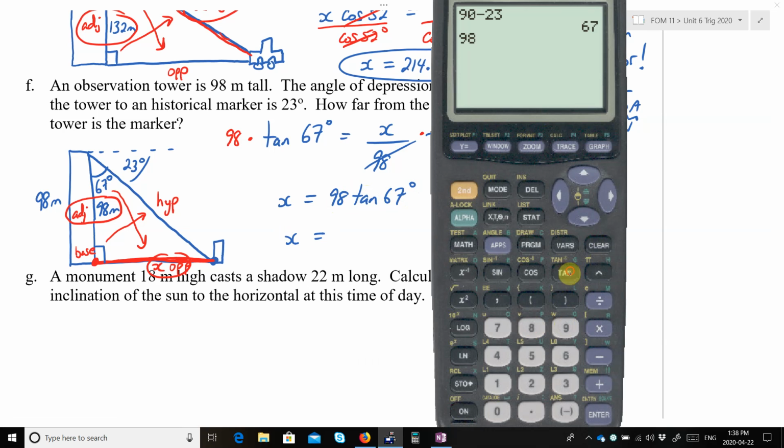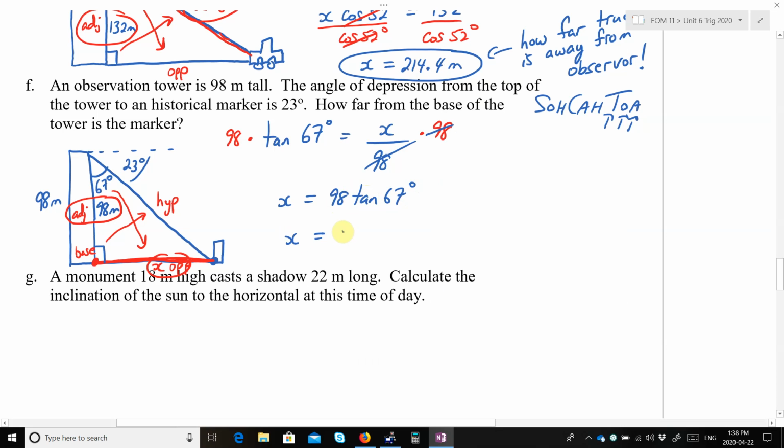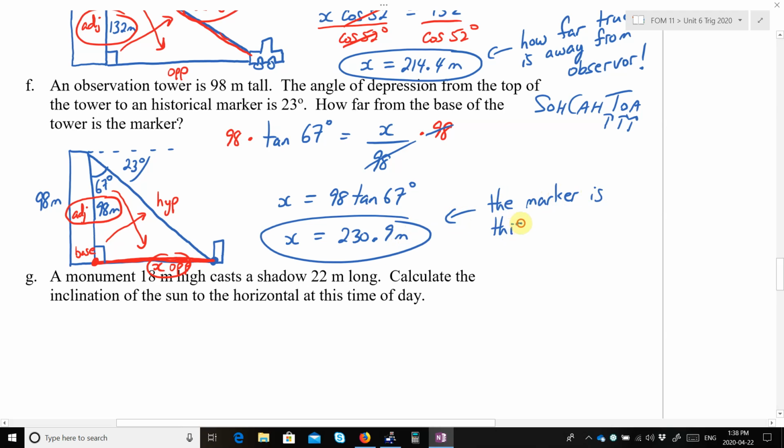So we go 98 tan 67. Bang, 230.9 meters. Okay, and so we can say the marker is this far away from the base of the tower.